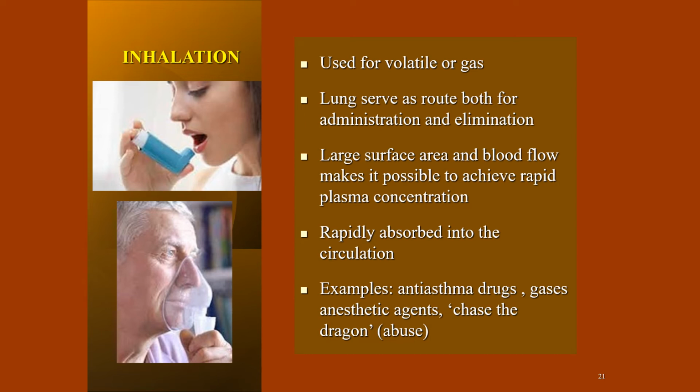Okay, so our lung has a very large surface area. Therefore, if we give drugs through inhalation, we can expect that we can have rapid absorptions to the systemic circulations. Example of drug given through inhalation is anti-asthma drug or anesthetic agents.